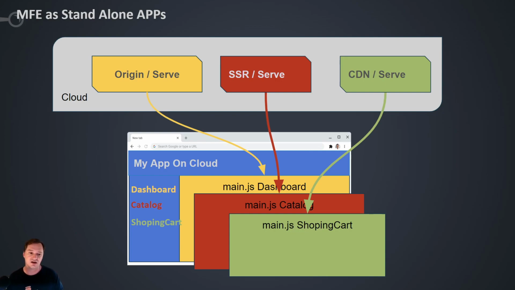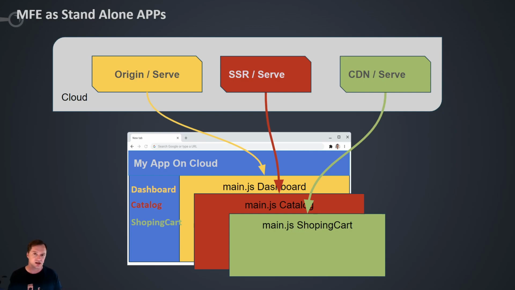And a host application: when you navigate, for example, to dashboard or catalog, the host application will go to the remote server, either on the cloud, a service or microservice that serves the static files, or a CDN, whatever it is, and will download this main.js file or other JavaScript file that is the entry point into the entire application, and will render it in the application.